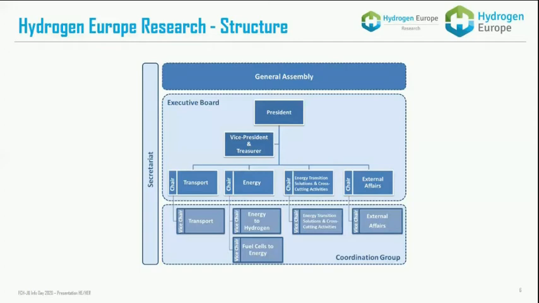And the board is also supported in its work by a coordination group, with 5 vice chairs. We have Luigi Crema from FCK over back there, who is the vice chair for energy to hydrogen.